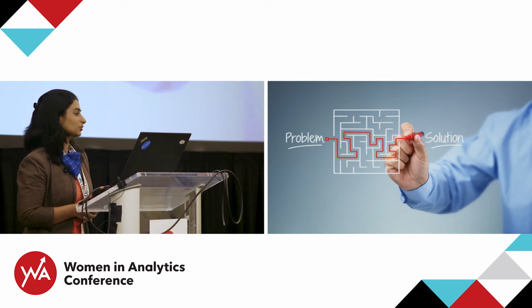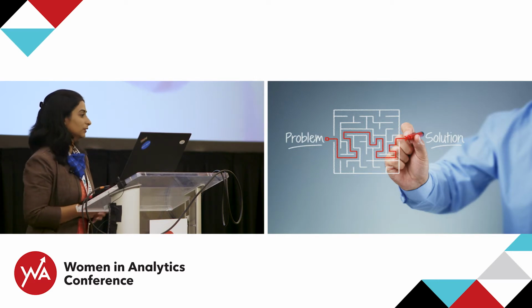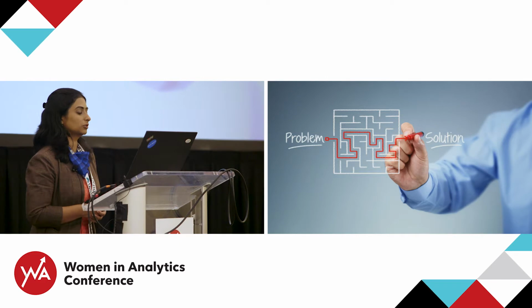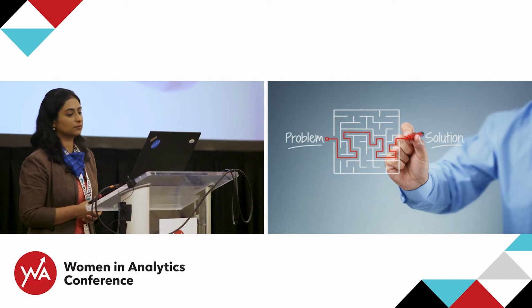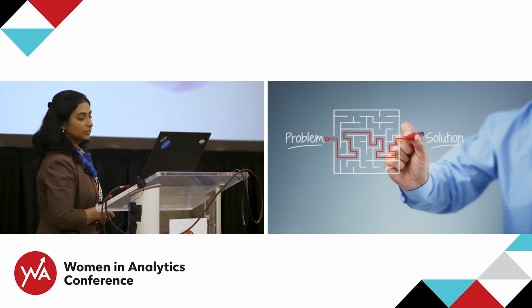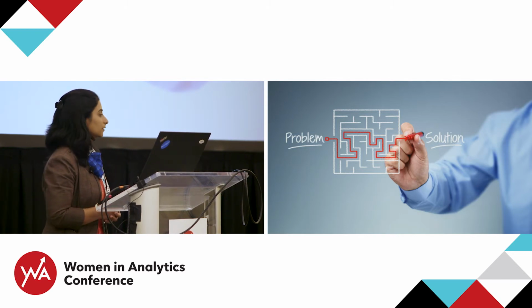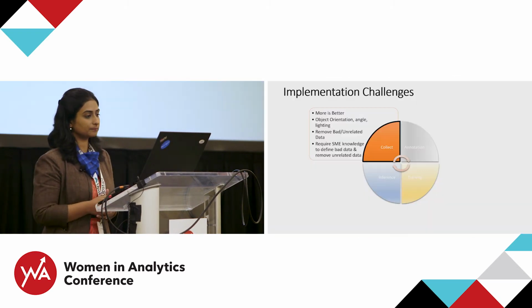However, industry still has not caught up with all these developments. We do not see large-scale adoption of these technologies in the industry today. So what are the reasons? Let's look at some of the challenges involved in implementing and commercializing a vision-based deep learning solution.